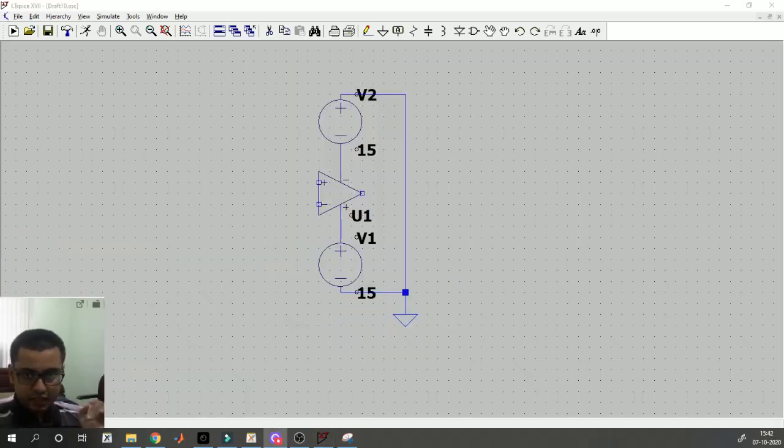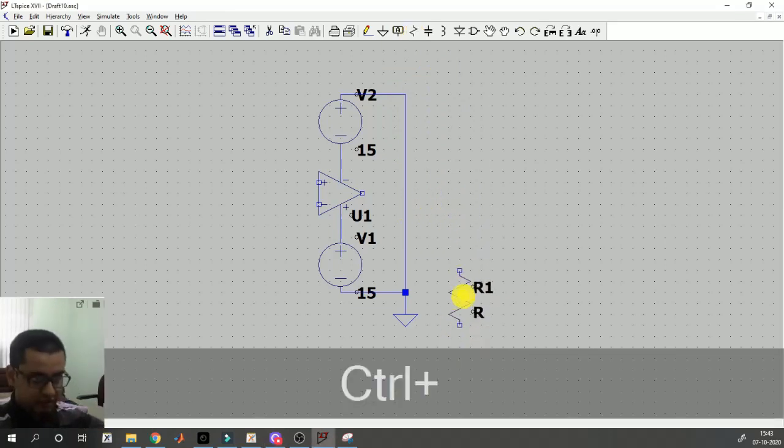Next, in the same way you can make an amplifier with negative gain. So let me start with this op-amp already connected to plus minus 15 volt power supply, and after that I will take resistances. Let me rotate it.